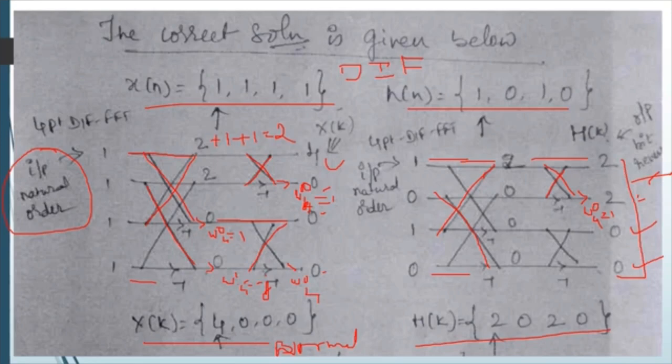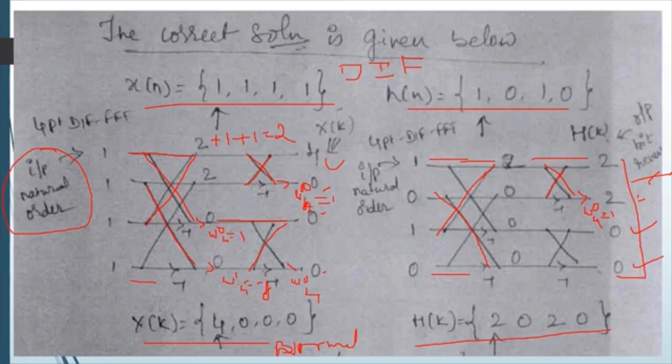Similarly, 2 is traveling here, and 0 is there. 2 plus 0 is 2. 2 minus 0 into omega 4 power 0, which is equal to 1, gives 2 only. Other values are 0 0.